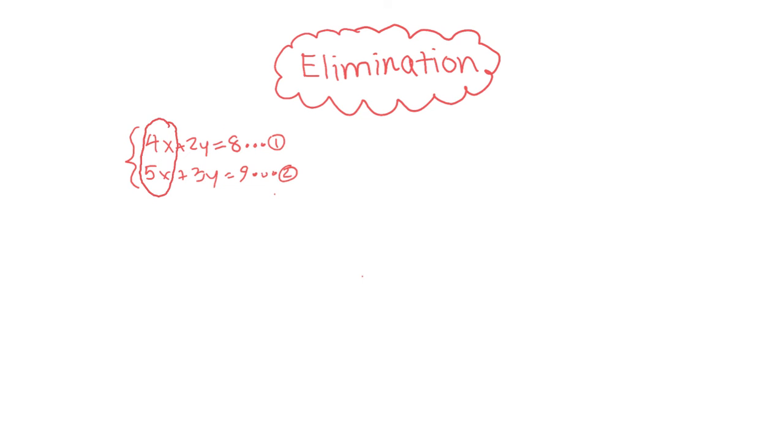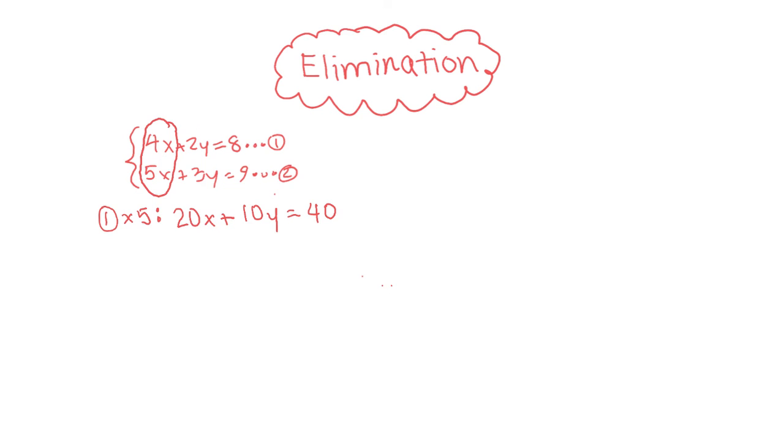So we're going to take the first equation and multiply by 5, and you have to multiply the entire equation by 5. So now you get 20x plus 2 times 5, 10y, equals 8 times 5, 40.